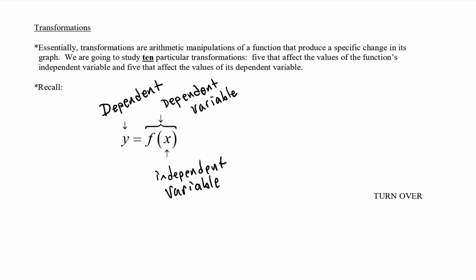So remember, f is the name, and what's in parentheses is what y is a function of. So is it a function of x? And there'd be an x there. Is it a function of time? You'd put a t or something there. So it lets you know what you're a function of.